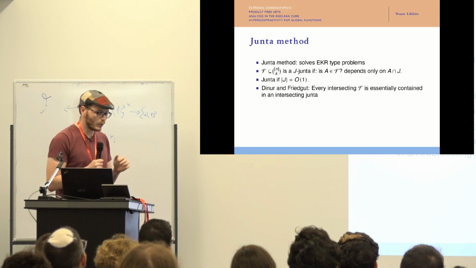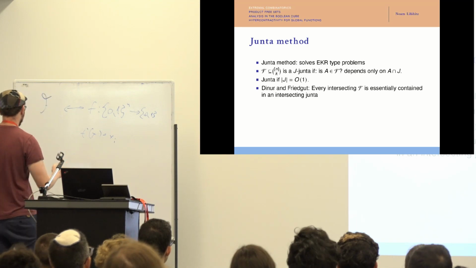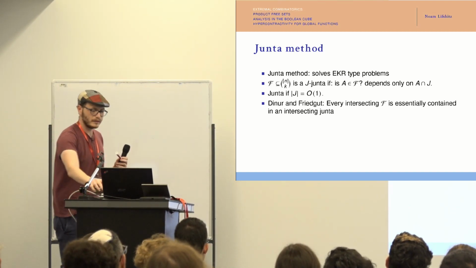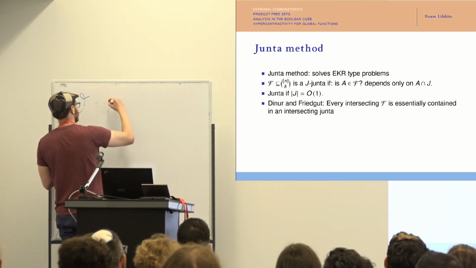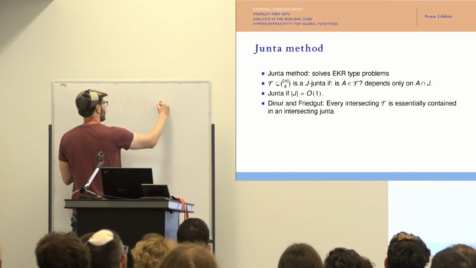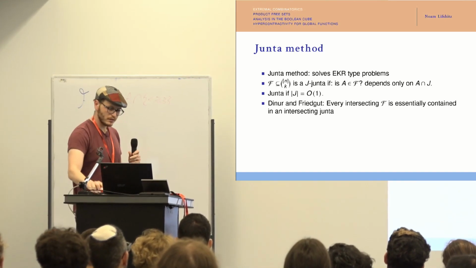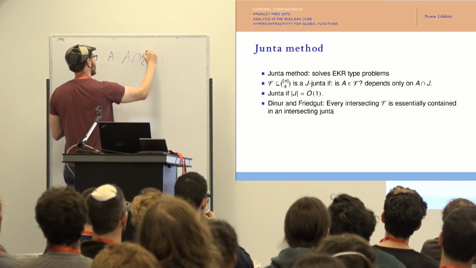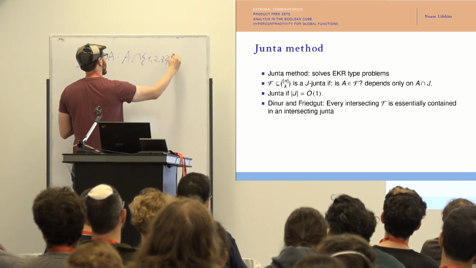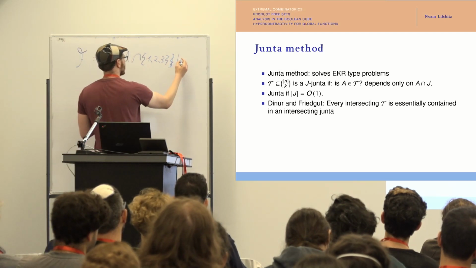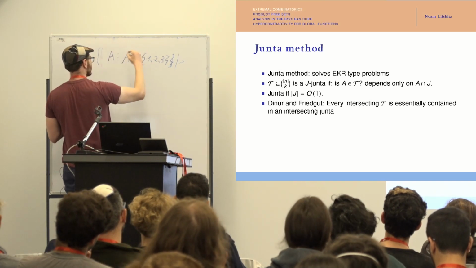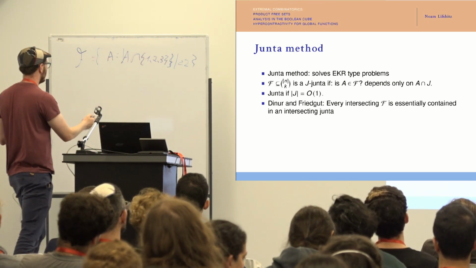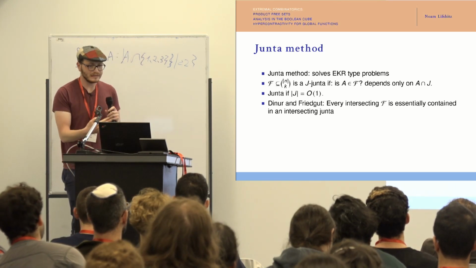They showed that if I want to find an intersecting family, I can take, for example, an intersecting junta: the family of all sets whose intersection with {1, 2, 3} is at least 2. So I take a majority on 3 elements, and this is an example of an intersecting junta.